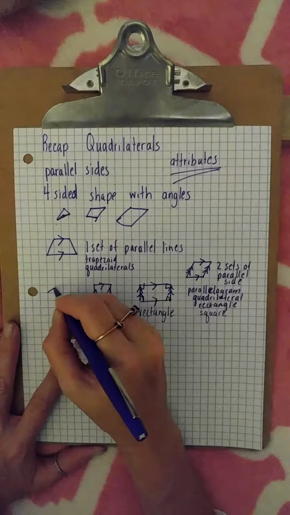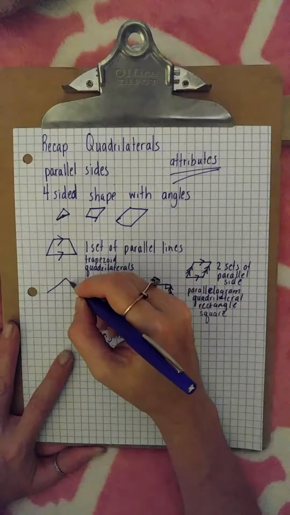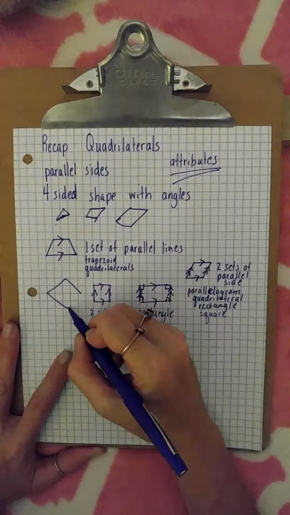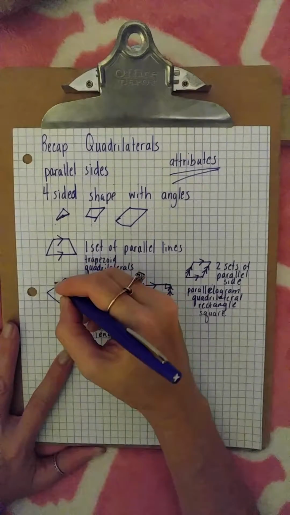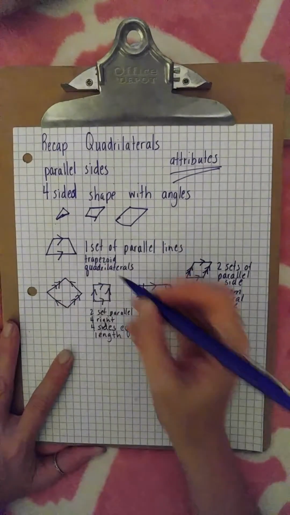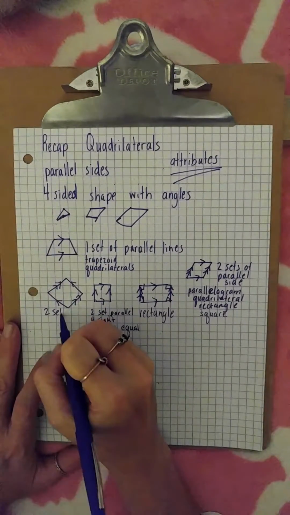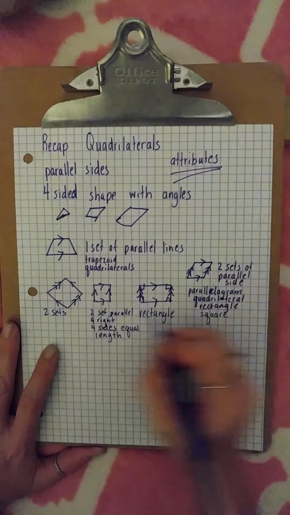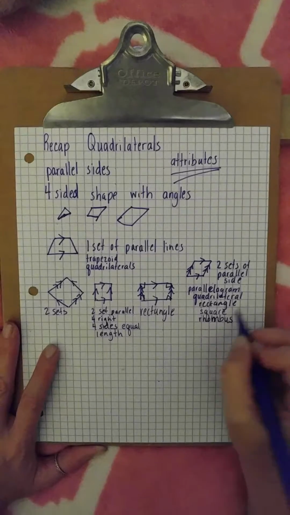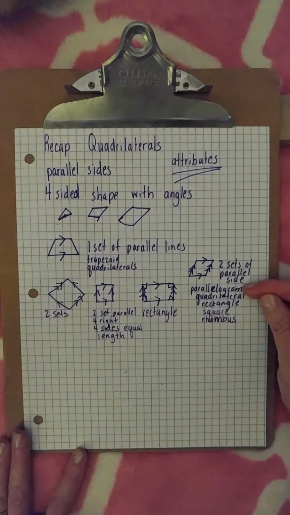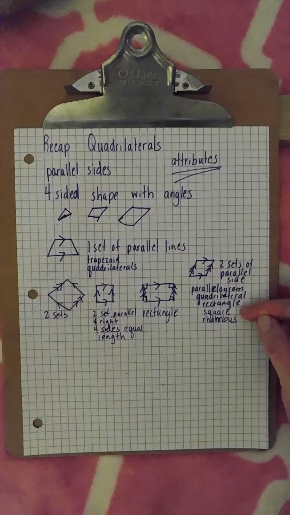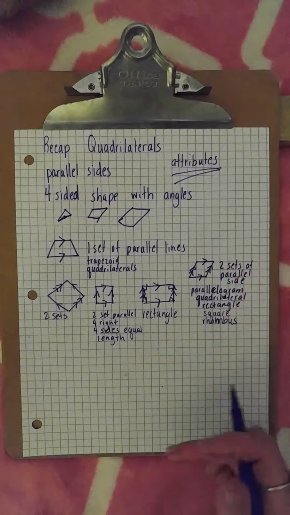And we also have a rhombus. A rhombus has two sets of parallel sides. So a parallelogram is also a rhombus. So you see that a parallelogram could also be called a quadrilateral, and the rectangle, square, and rhombus could all fall under that.